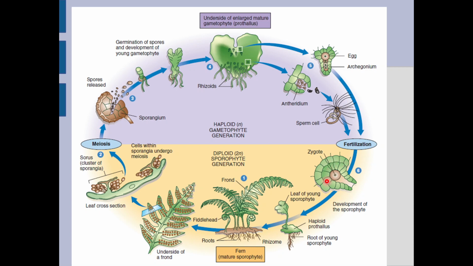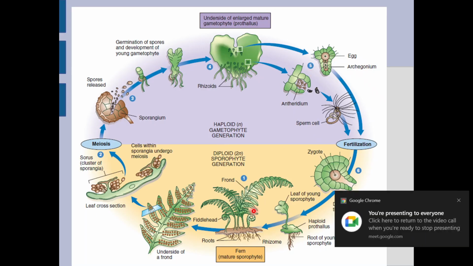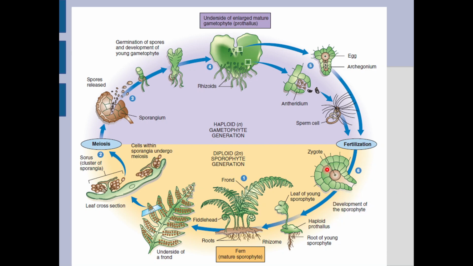Then a zygote will be produced, and that zygote will develop into the sporophyte, and this sporophyte eventually will be independent from the gametophyte and will develop into a new sporophyte.